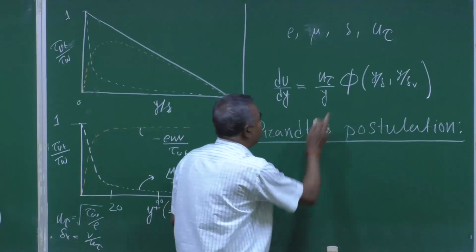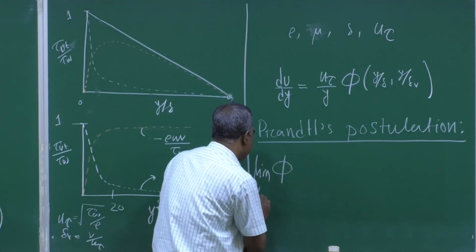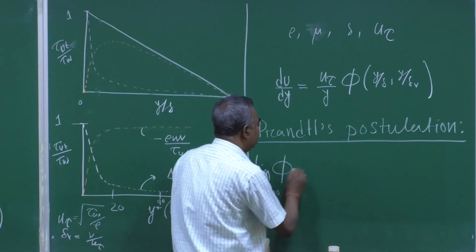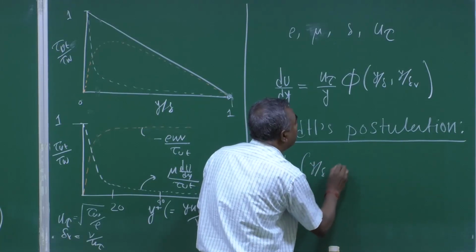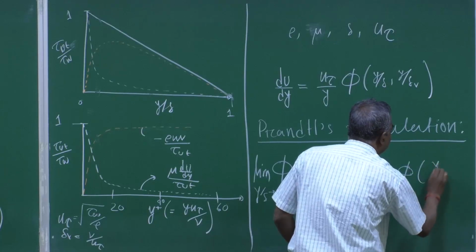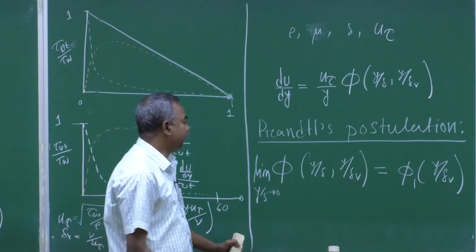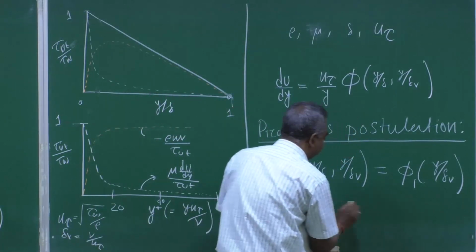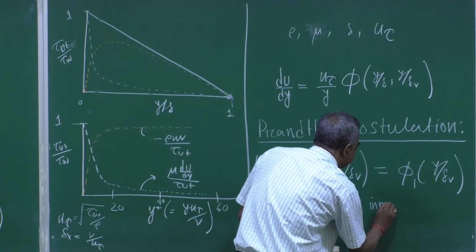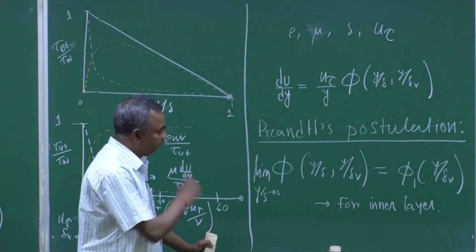That means, in the limit of y by delta tending to 0, this particular function of y by delta_v can be approximated as phi_1 of y by delta_v only. So, this approximation is valid within the inner layer.